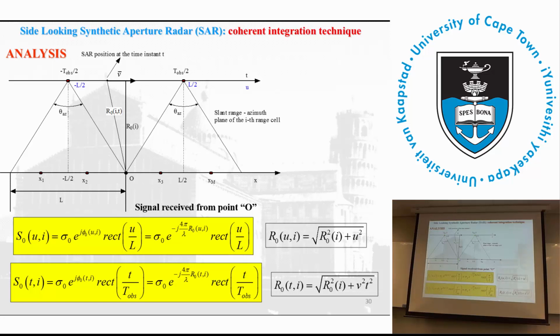And this point here, unlike the other points that I've indicated as x1, 2, 3, generic xn, are not illuminated for the entire observation time. Take x1, for example. As I switch on the radar, this one is illuminated.